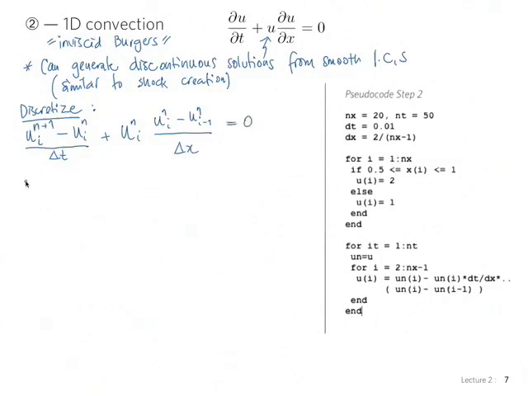So again, just like in step 1, we transpose this equation to get the only unknown, u at n plus 1, in terms of all the knowns.